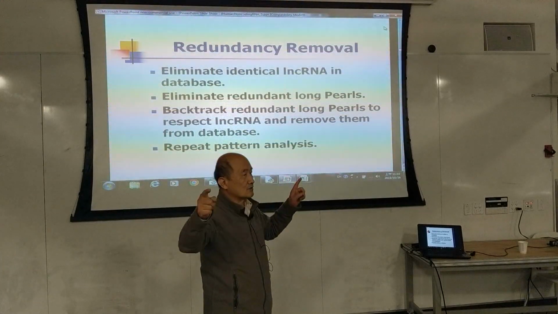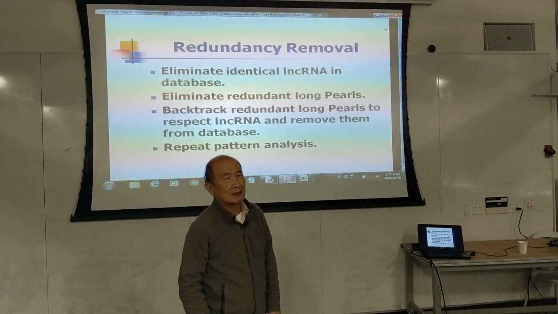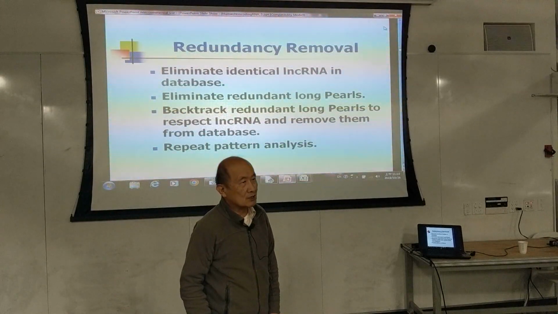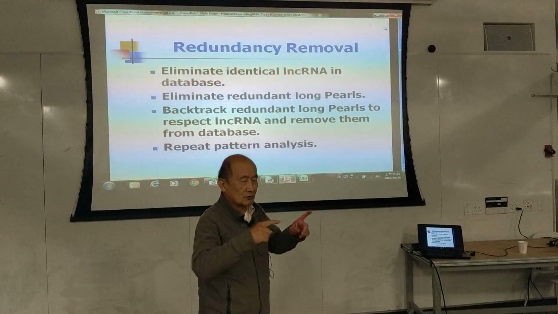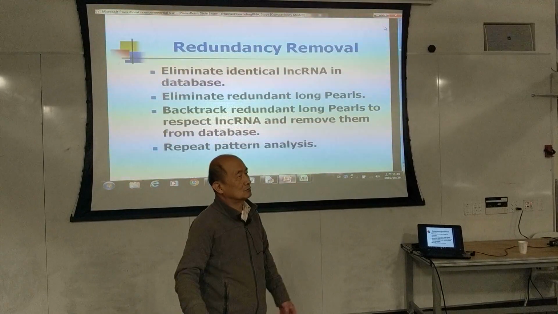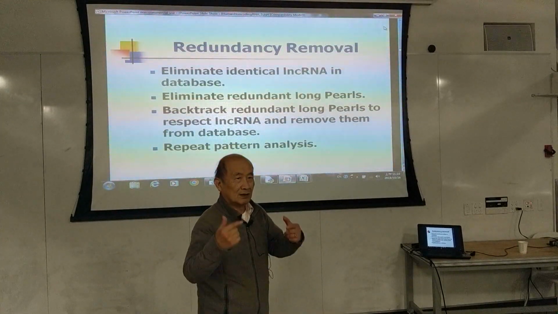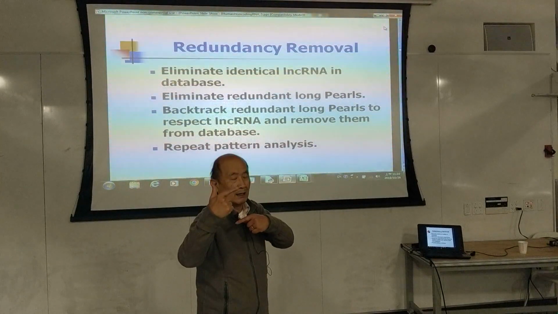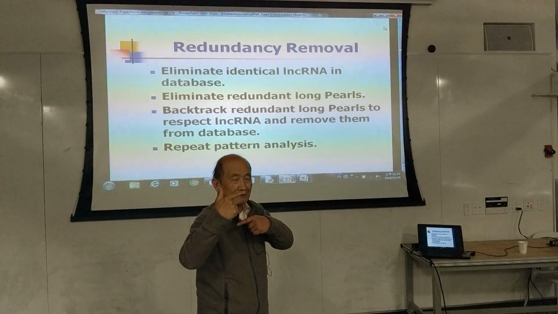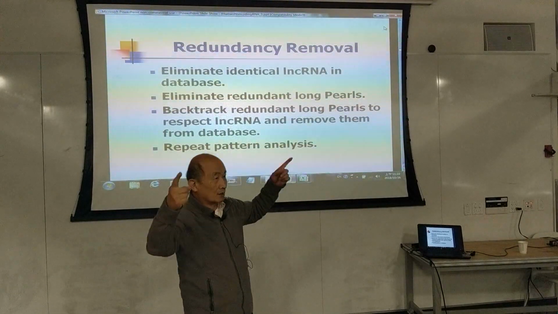So if any two RNA have a stretch of 200 nucleotides which are identical, they might be in different positions, and I can locate them.